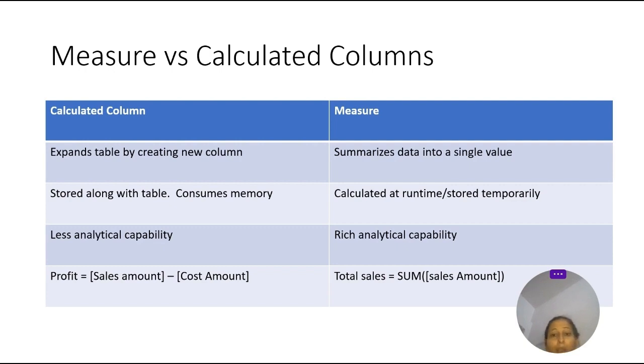But if we go to a measure and want to calculate the sales, it will use a function, the sum of sales amount, and add the entire column into a single value. So it summarizes the data into a single value. It does not expand, so it does not require any memory.